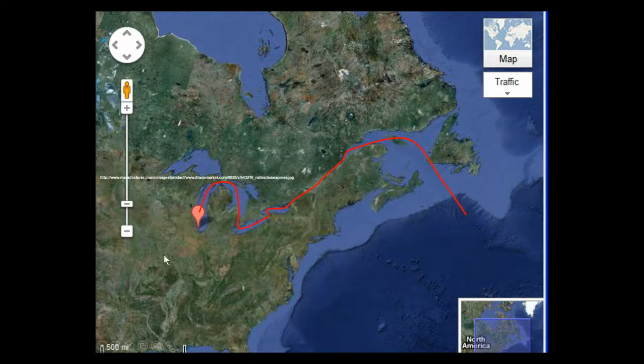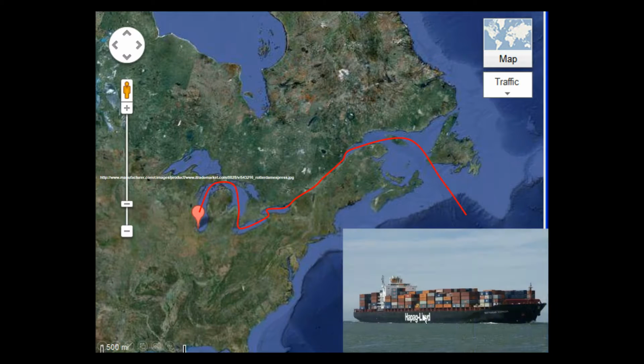Okay, so we might recognize North America here and the Great Lakes, and ships that sail from saltwater here down the St. Lawrence River into the freshwater. They have to be careful, because if that ship is floating along like that and it's loaded down, remember, the weight of the ship has to equal the weight of the water it's displacing.